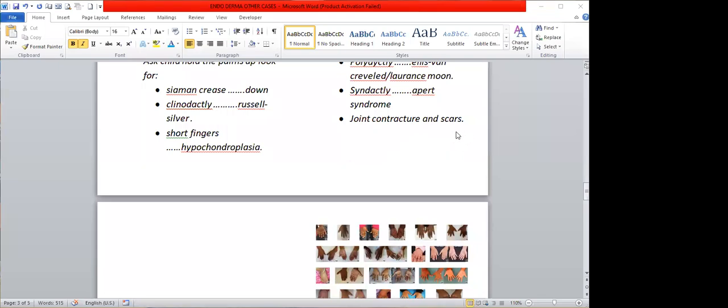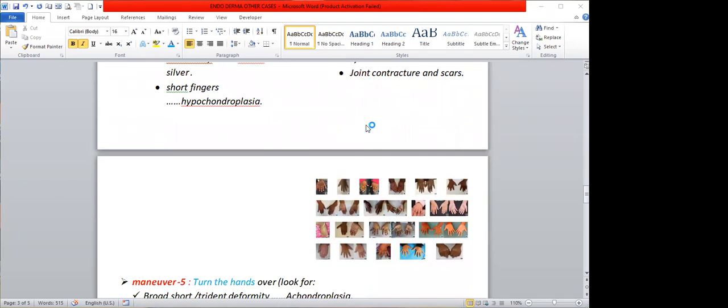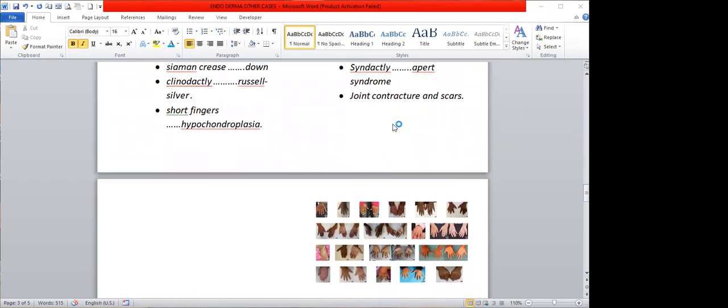Sometimes in mucopolysaccharidosis they can even have carpal tunnel syndrome, and sometimes tendon release surgery because of this contraction. Arthrogryposis definitely has all types of contracture. All joints will be involved, but they are mostly wheelchair bound or bedbound.